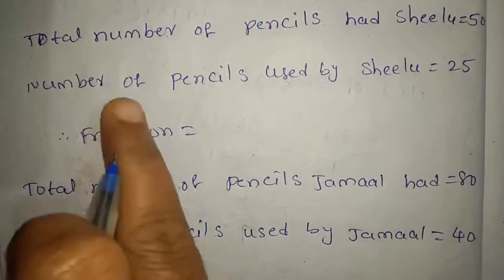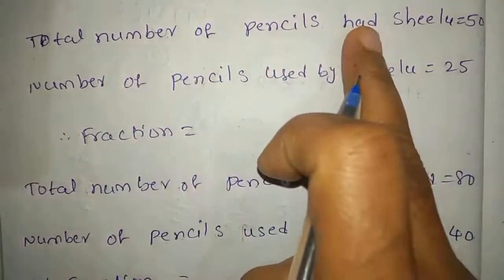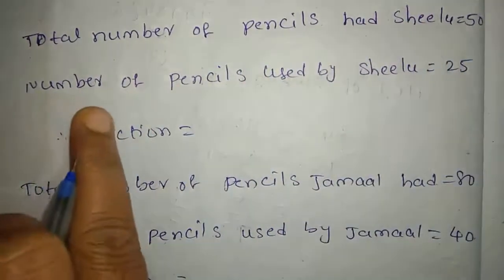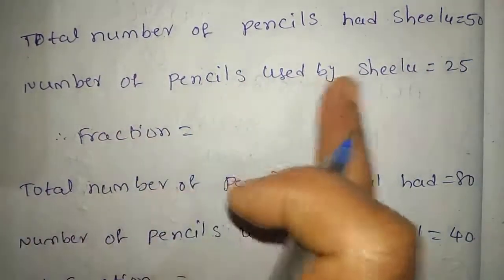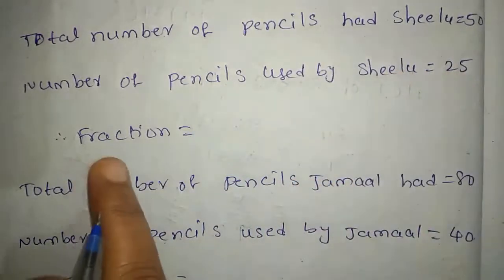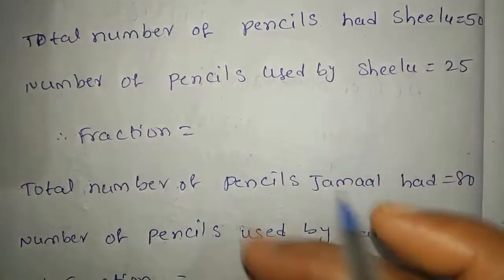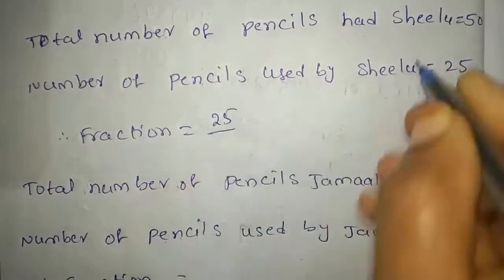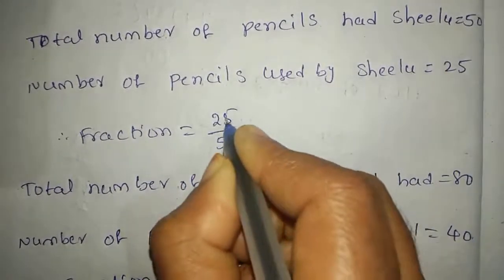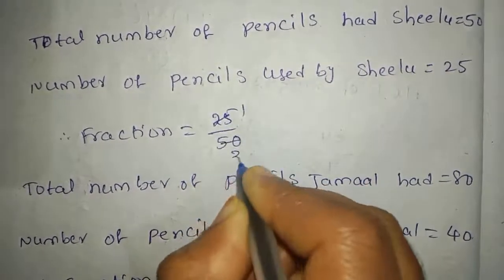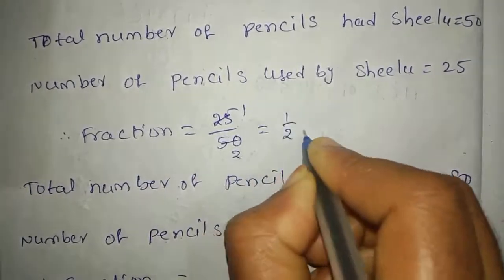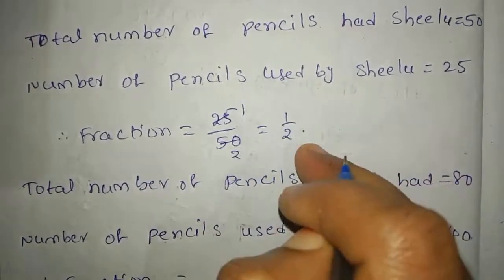Now the total number of pencils Sheelu had is 50. After 4 months, pencils used by Sheelu is 25. The required fraction is used pencils 25 and had pencils 50. 25 ones are 25, 25 twos are 50, so 1 by 2. Required fraction is 1 by 2.